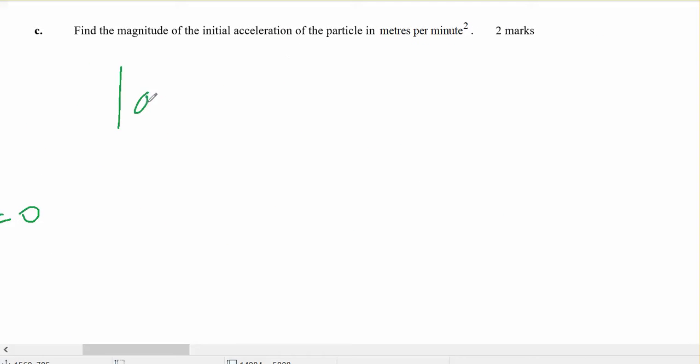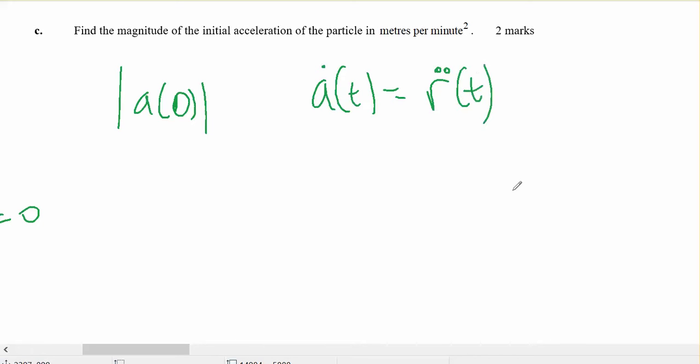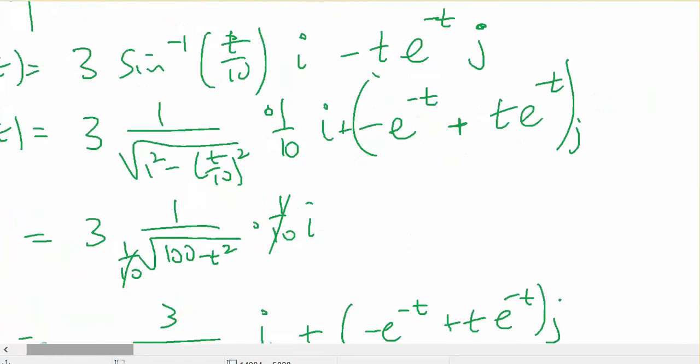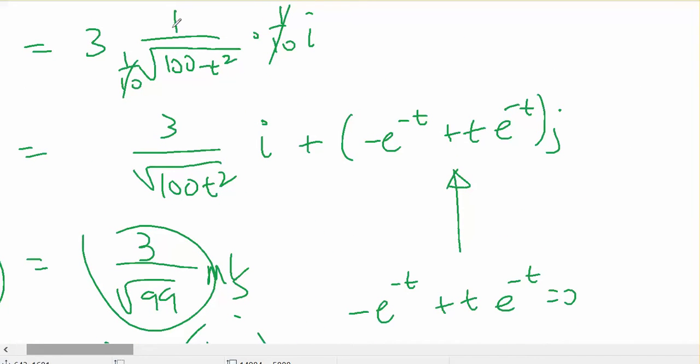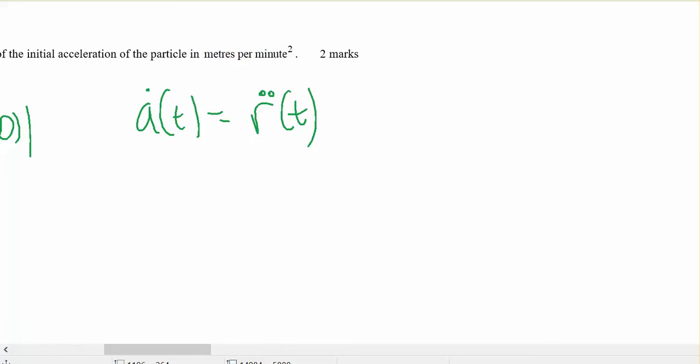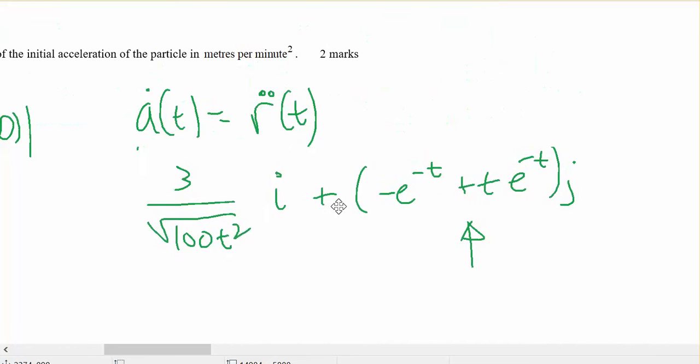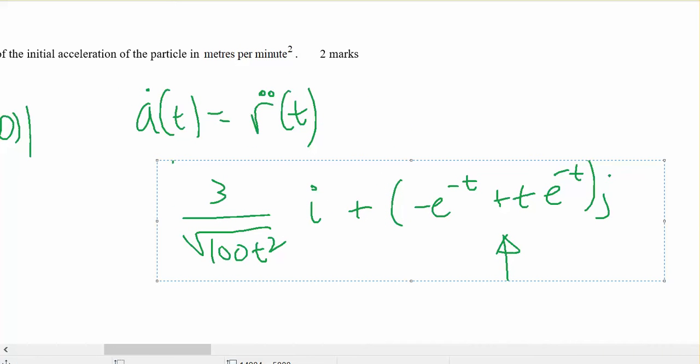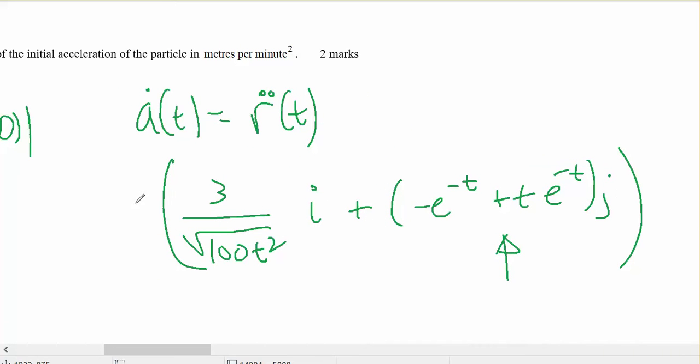So I need to find the acceleration, and the acceleration will be the second derivative with respect to time. So I've taken the first derivative with respect to time, and I've got this expression. So I'll get a copy of that, and I'm looking for the derivative of this, so paste. So I'm looking for d/dt of this.